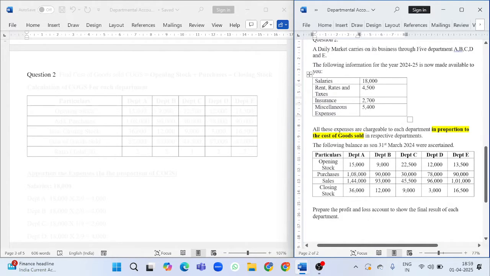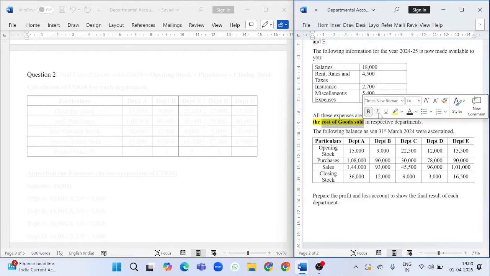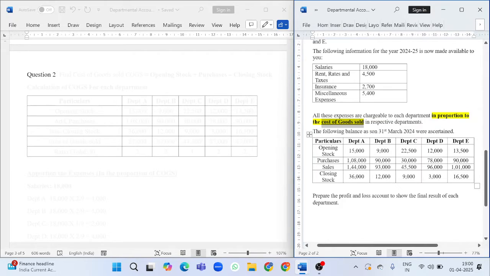Now we have to divide this among 5 different departments on the basis of cost of goods sold. So we have to calculate cost of goods sold as well. The following balances as on 31st March 2024 were ascertained.